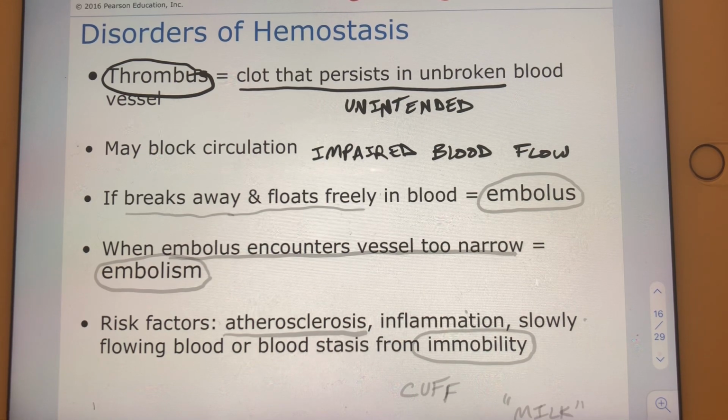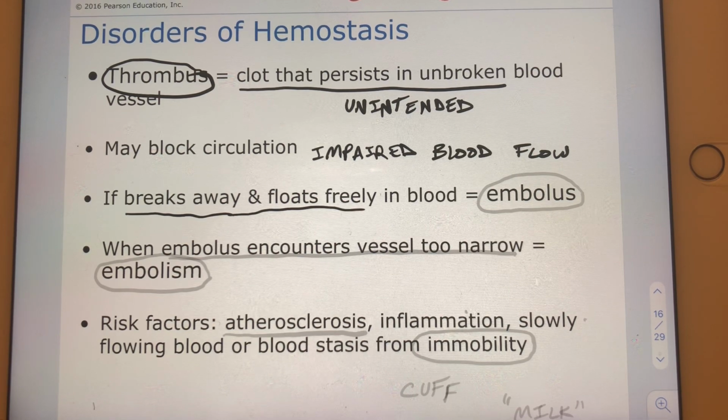Now, a thrombus can not only potentially impair blood flow, but it also has the at least possibility, if not capability, of eventually breaking away from the vessel wall and therefore entering the bloodstream.